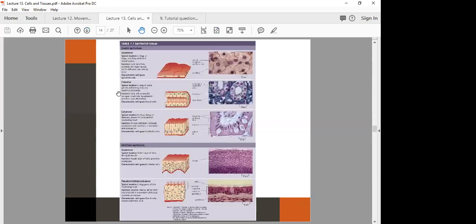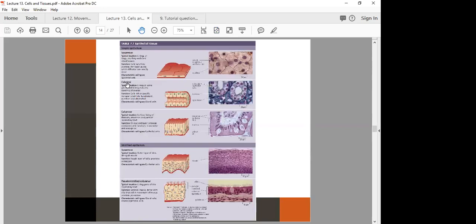All right, so in this top panel here, we have simple epithelium. So remember, just one layer of cells. Squamous simple epithelial cells are these flattened cells. Because they're very flat, this provides a thin layer across which diffusion can readily occur.